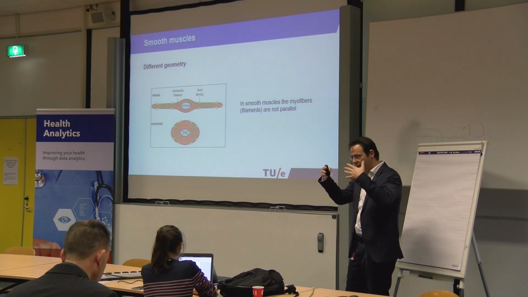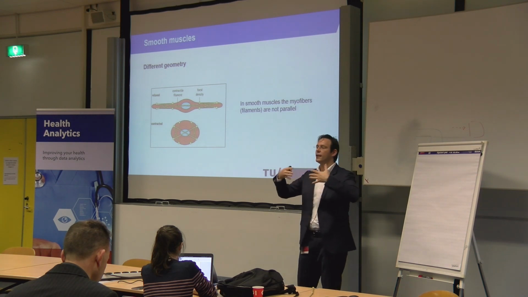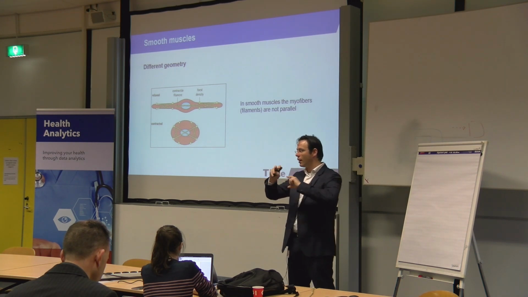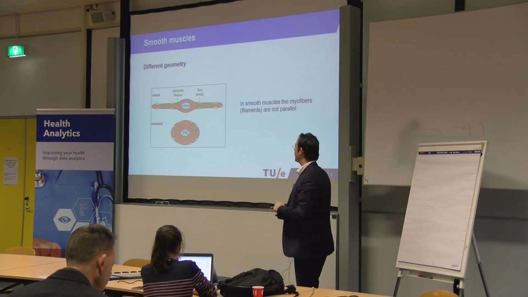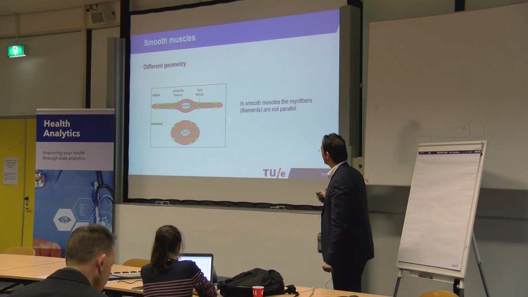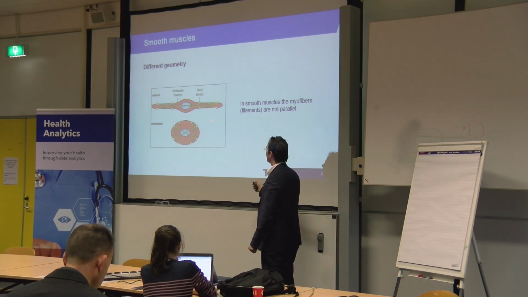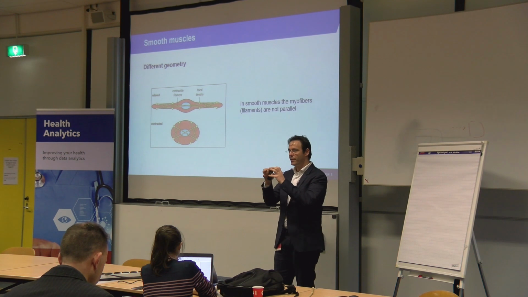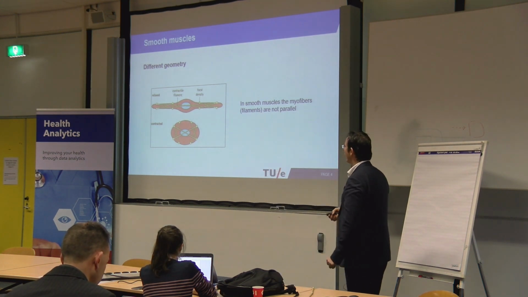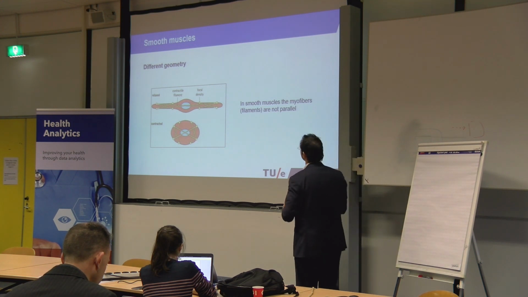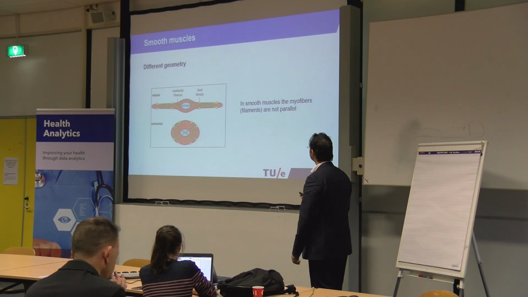So the sarcomere in skeletal muscle will create a shortening in one dominant direction, because everything follows a very regular bundle architecture in one direction. This is not the case in smooth muscles. These small cells will change their shape during contraction. That means that also the geometry that they can create is different between contraction and relaxation.